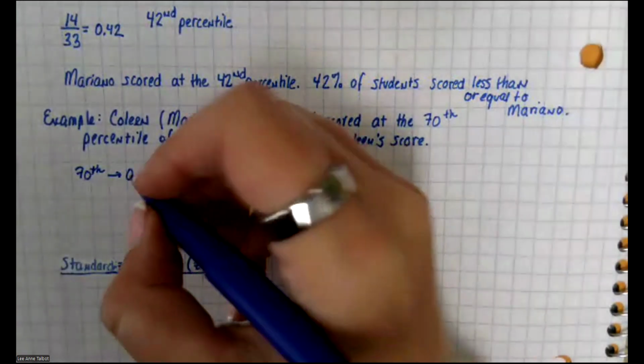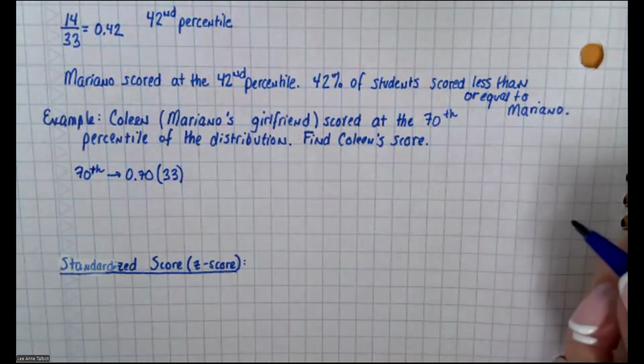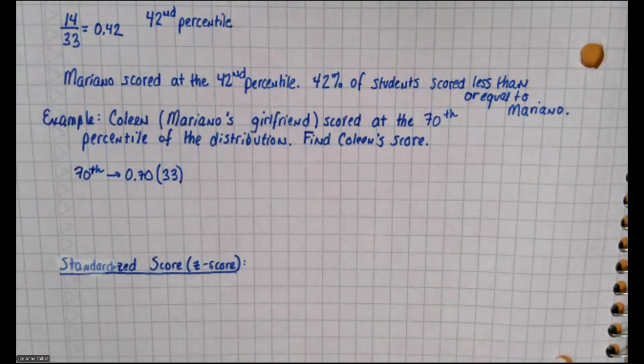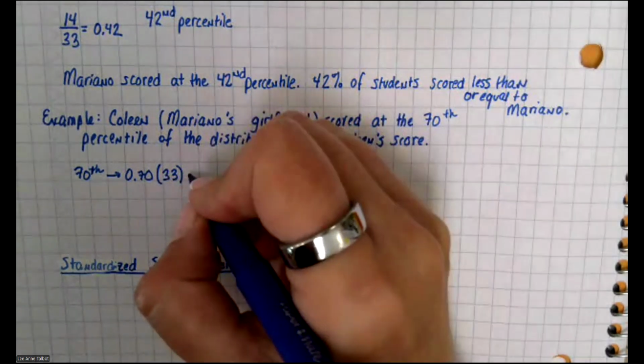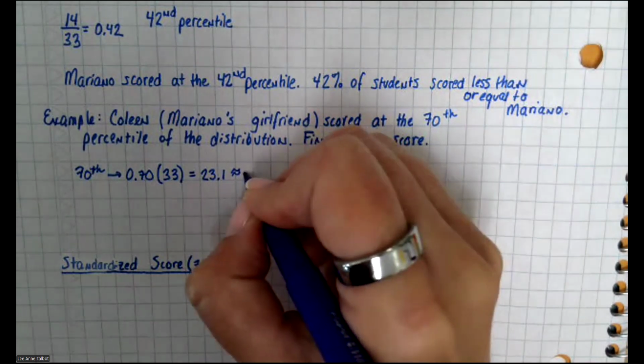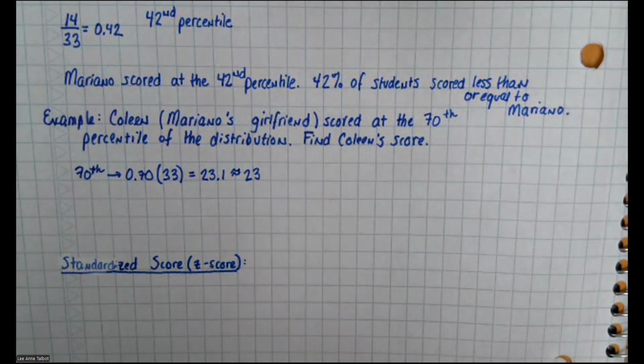Out of 33 students that took the test, so 0.70 times 33. We know that our test scores were in whole numbers or 0.5, so this one is rounding to 23.